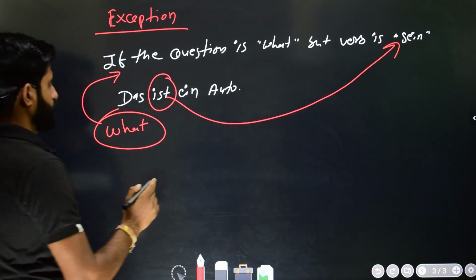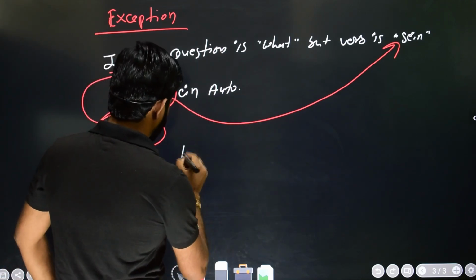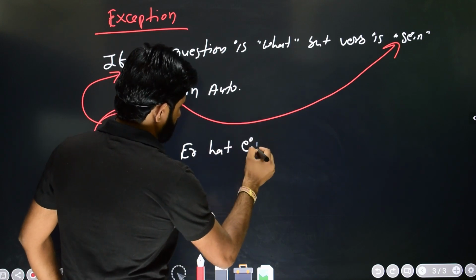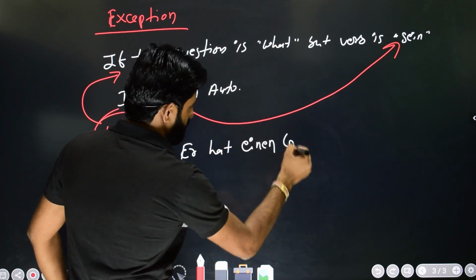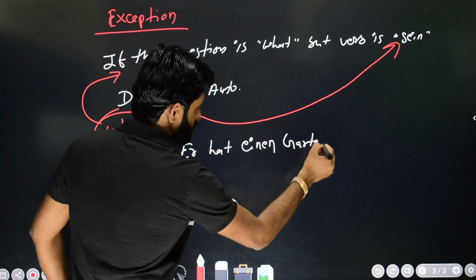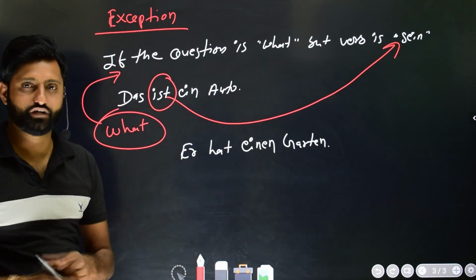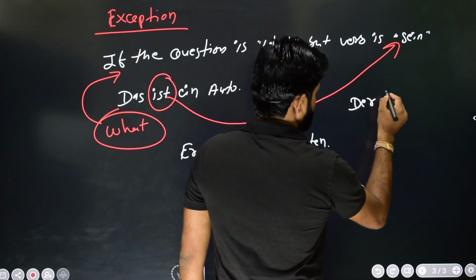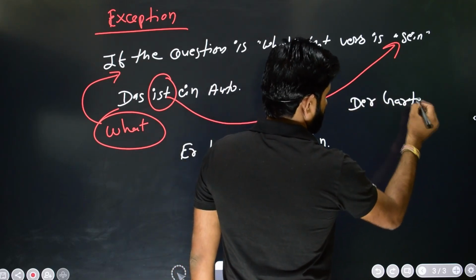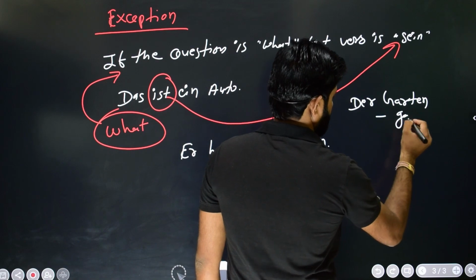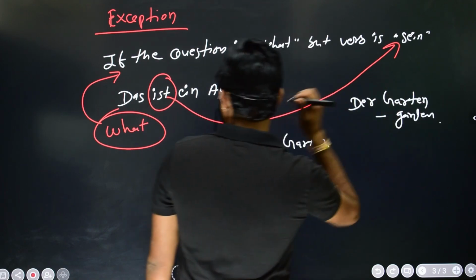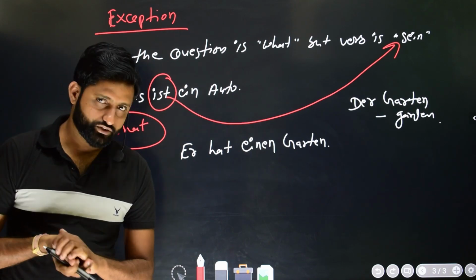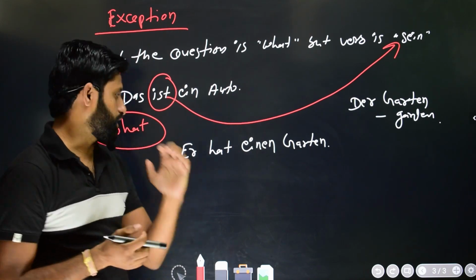So let's take one more example for the accusative. Er hat einen Garten. Garten means garden, and the article of garden is der. Now, how to identify which part of the sentence is nominative and which part is accusative?